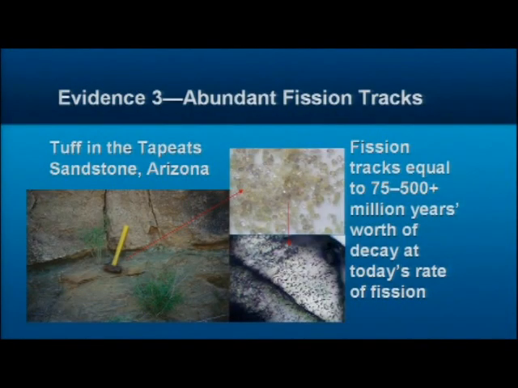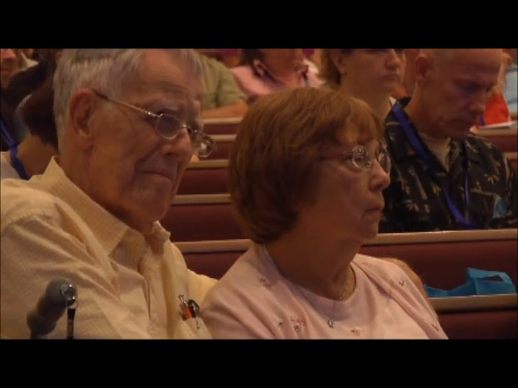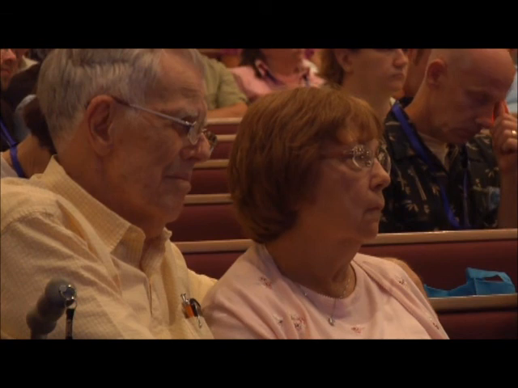And again, if we go to the bottom of the Grand Canyon, the lowest of the units in the walls of the Grand Canyon, the Tapeats sandstone that we mentioned last night, it also has a volcanic ash bed in it, and the zircon crystals there have fission tracks equivalent to up to 500 million years worth of decay at today's measured rate.